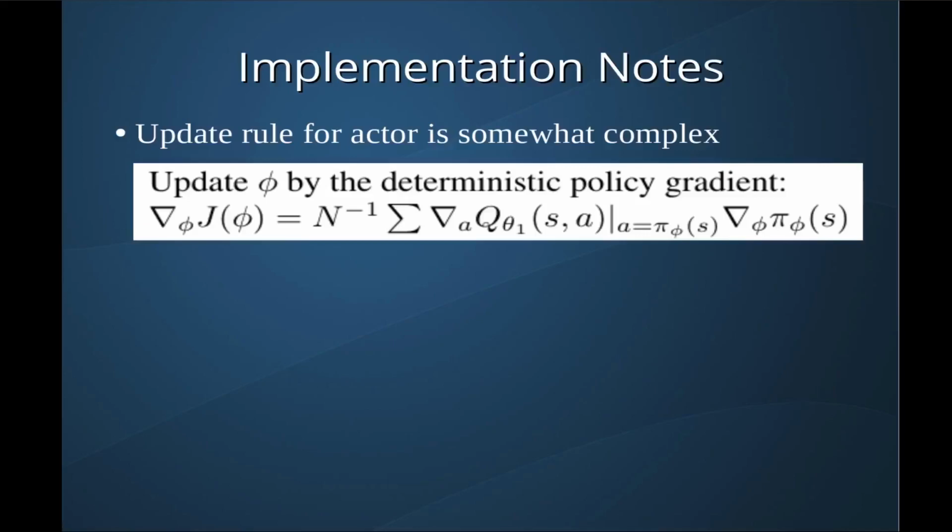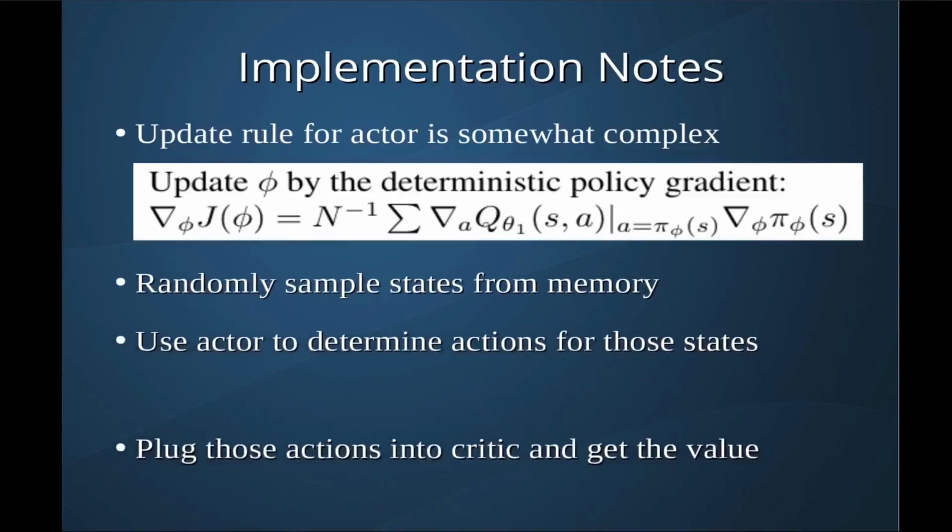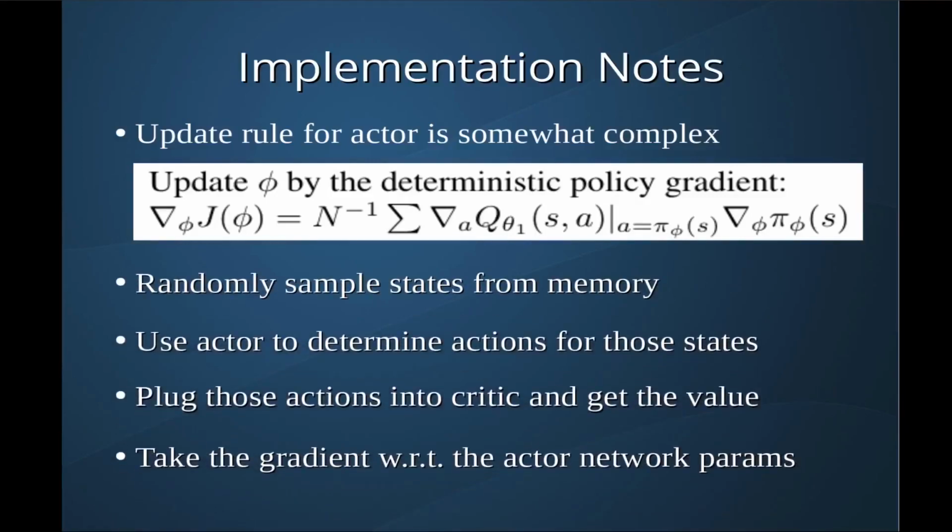In reality, all we're going to do is the following. We're going to randomly sample states from our memory. We're going to use our actor network to determine actions for those states. So we're not going to be using the actions from our memory. We're going to figure out what actions the agent thinks we should take now. We're going to plug those actions into our critic and get some value, specifically the first critic, never the second, only the first.